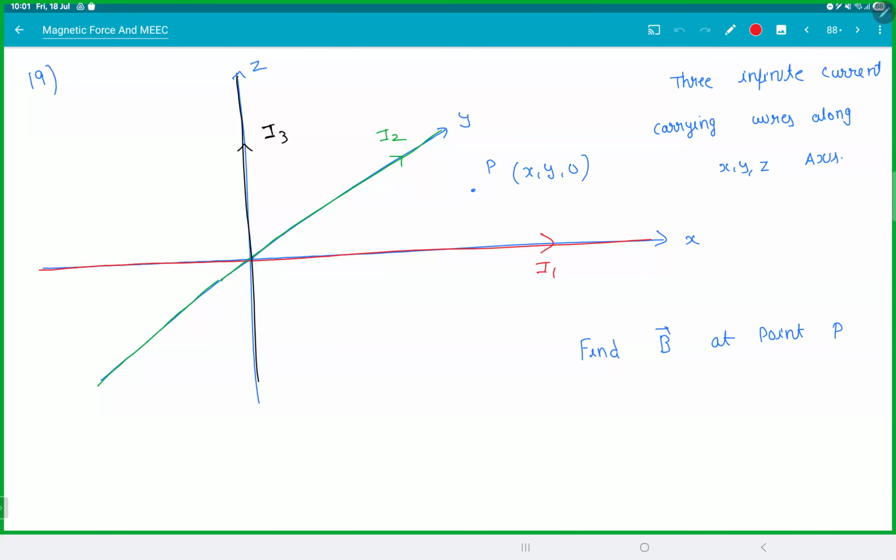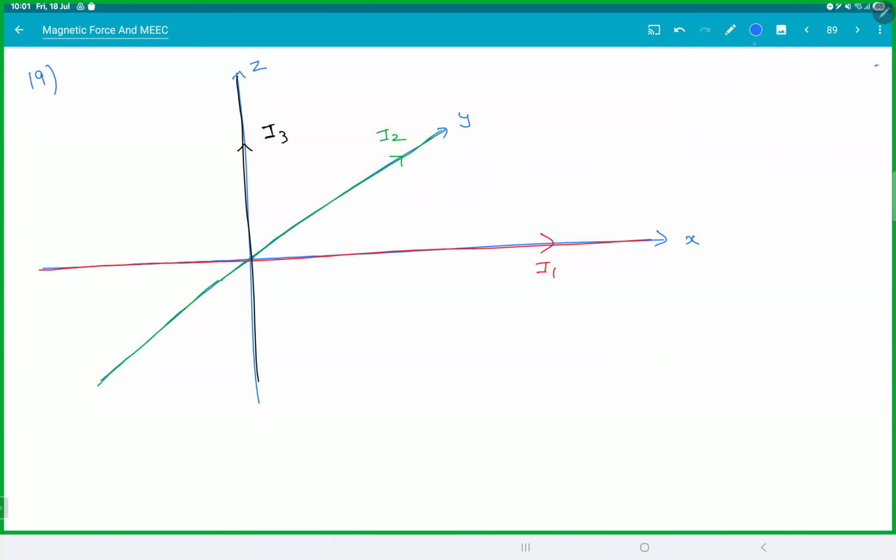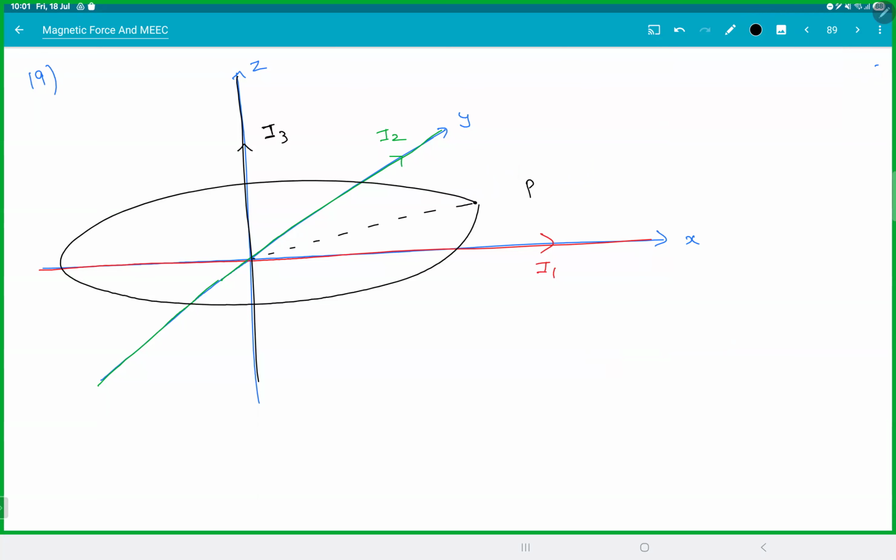So for the z-axis, this is your point P. So this will be the perpendicular distance. The field will be like this, isn't it? It will be in the xy plane. Put your thumb here and rotate here. So you will see this will be the rotation.